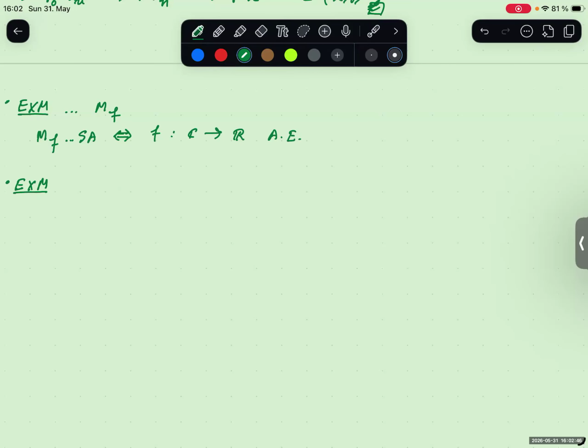So I think 2 weeks or maybe 1 week before, we have shown that the Laplacian is unitarily equivalent to the multiplication operator with this Fourier variable squared, right?